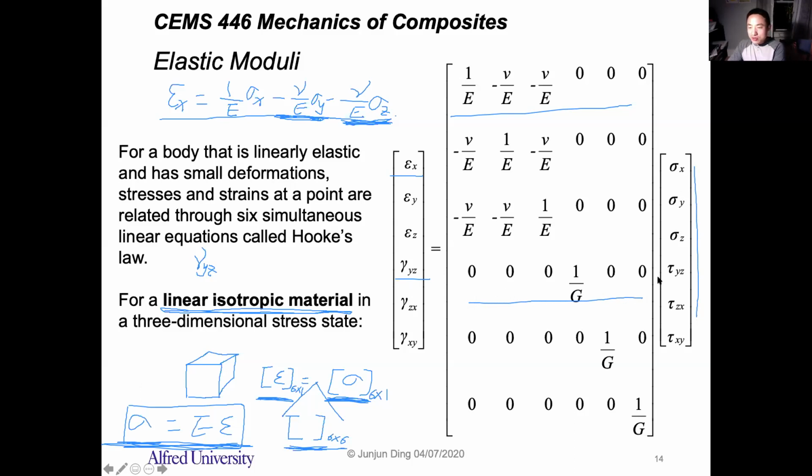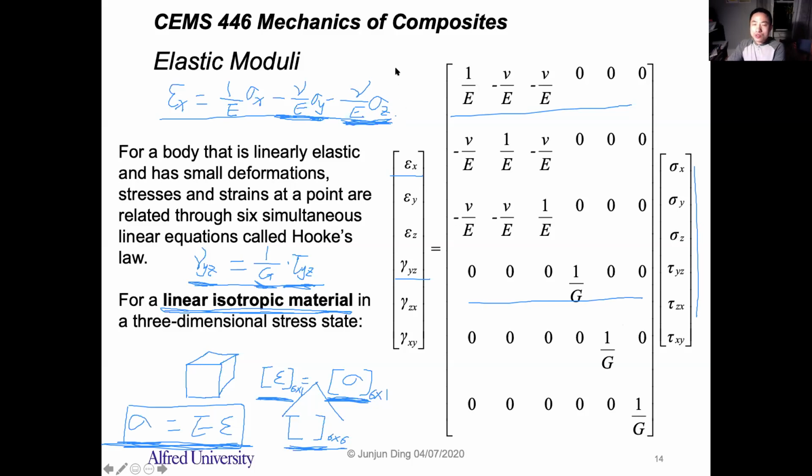So that would be 1 over G times shear stress YZ, okay? So this shear strain is only contributed by the shear stress in that direction, right? So G is the shear modulus, right? So this makes sense for the isotropic material.